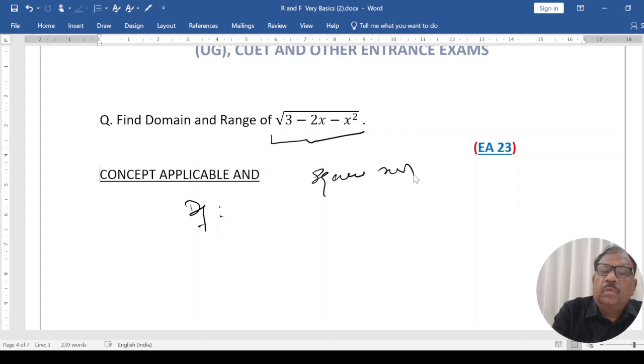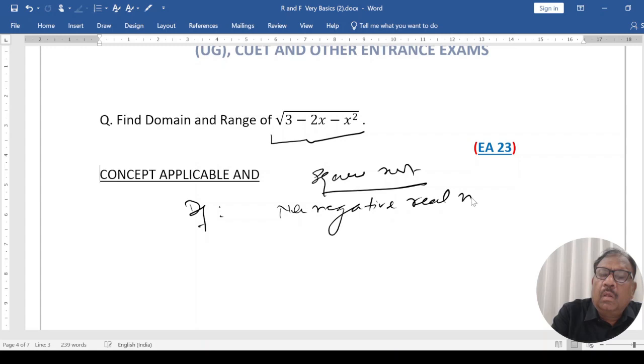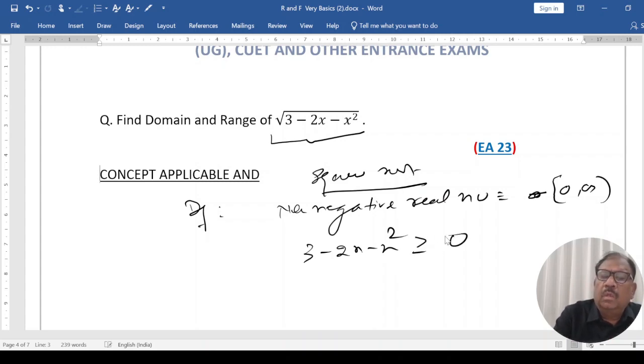The domain is non-negative real numbers. This means 3 minus 2x minus x square should be greater than or equal to 0.